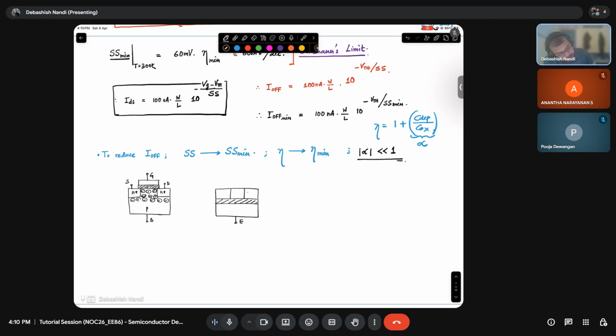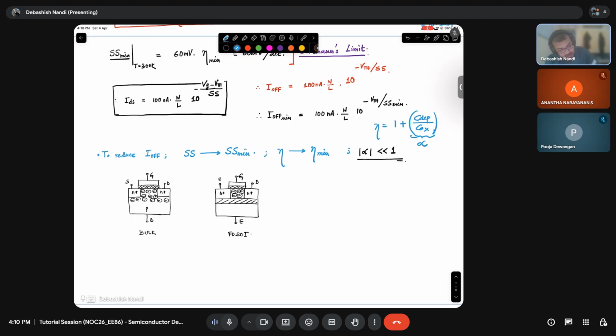This is your N plus, this is G, D, S. And let's consider this to be fully depleted. So this is bulk, this is FDSOI. Okay. So what will be eta in this case? Or let's say alpha. So alpha is best.